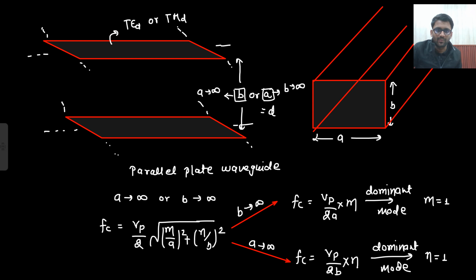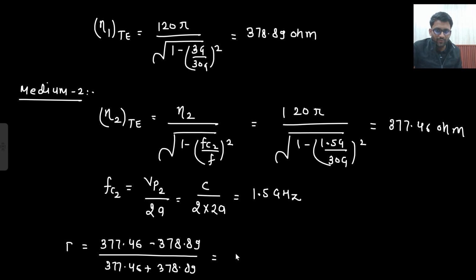Eta 2 minus eta 1 upon eta 2 plus eta 1. This value is coming out to be very, very low. Am I doing any mistake?